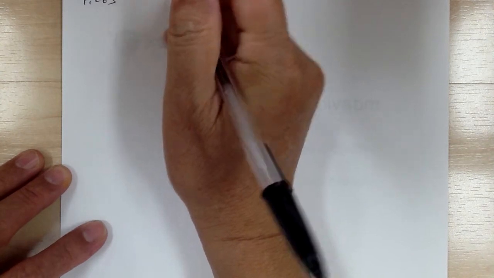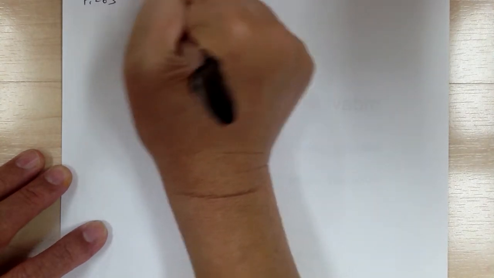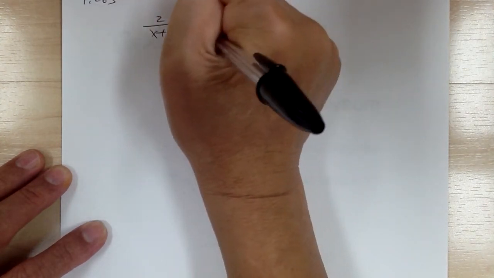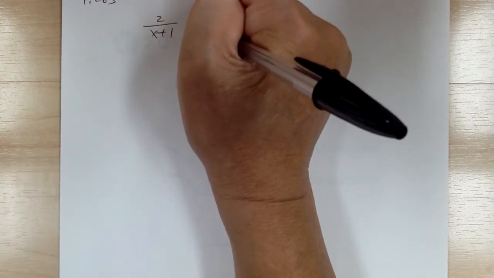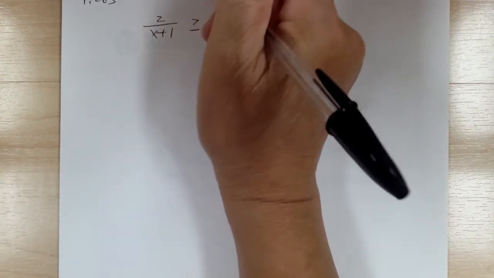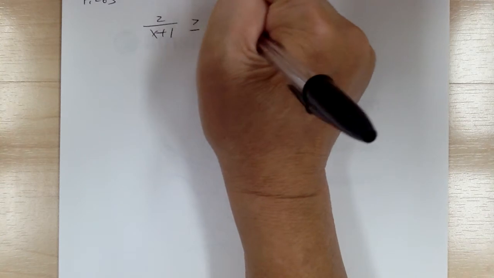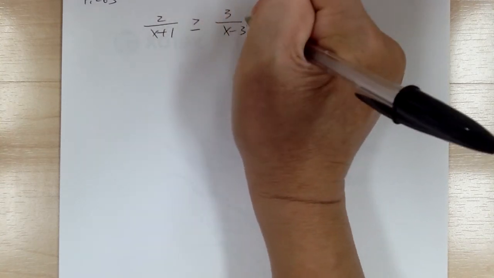Okay, now let's go to the example. On page 265, it gives you a warning. Let's say you have 2 over x plus 1 is greater than or equal to 3 over x minus 3.